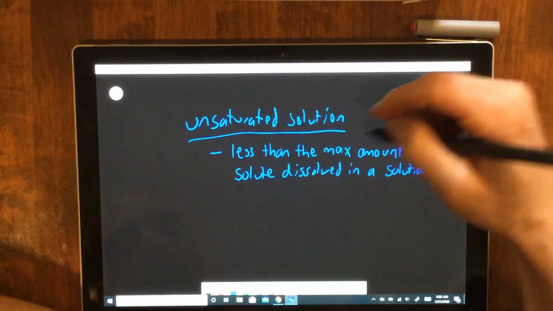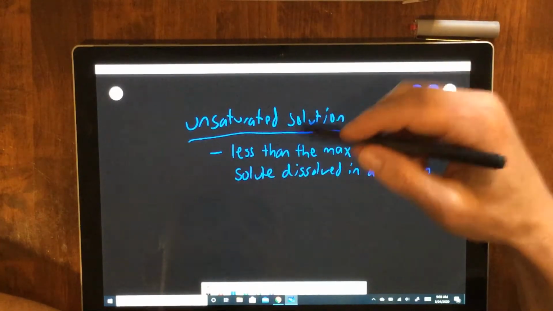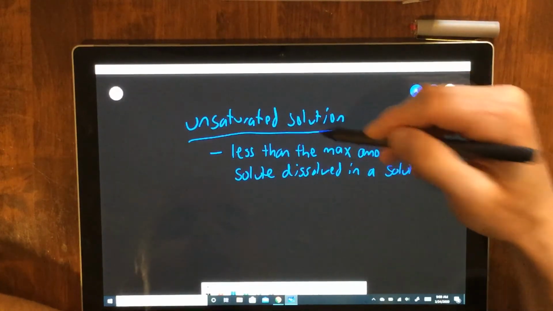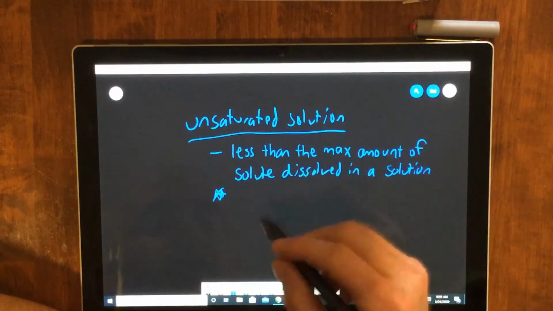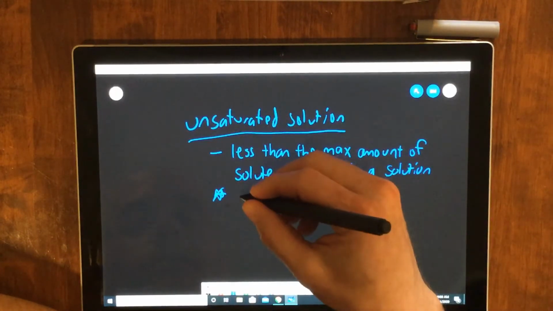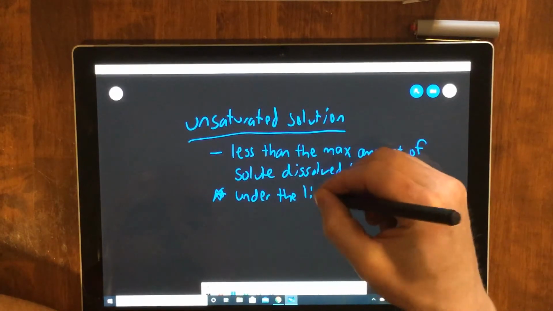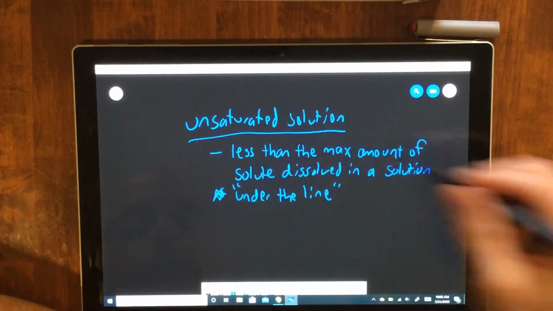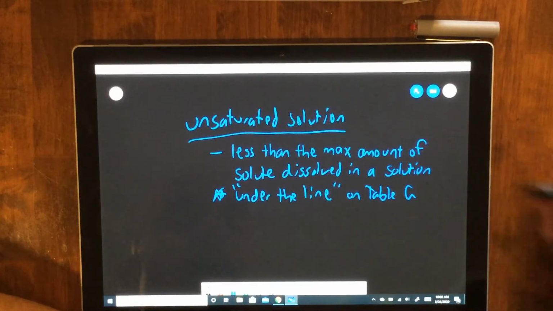If it can dissolve 20 but I only put in 10, that's less than the max. That's called an unsaturated solution. And the key here, especially on the Regents, is that this is under the line on table G. Let me explain that.